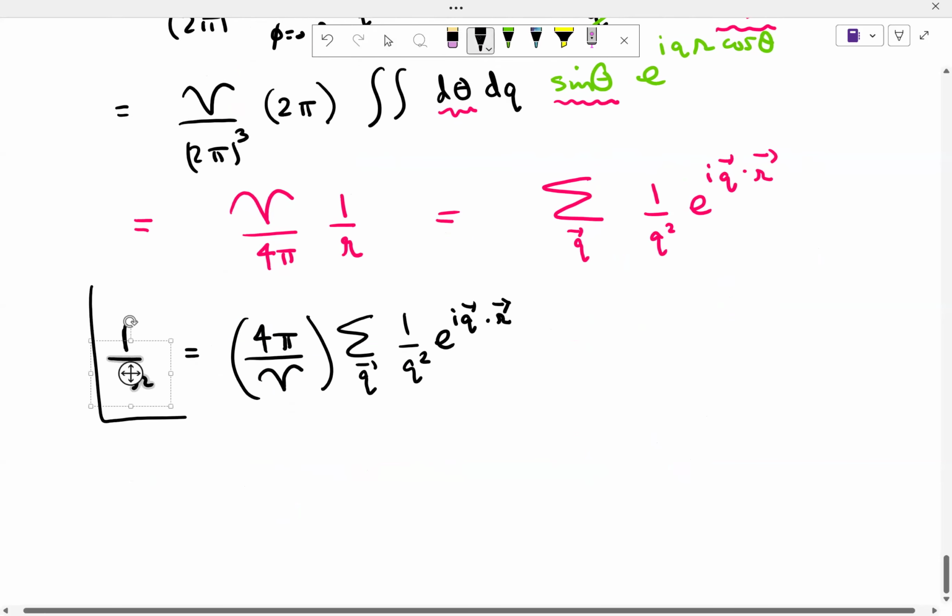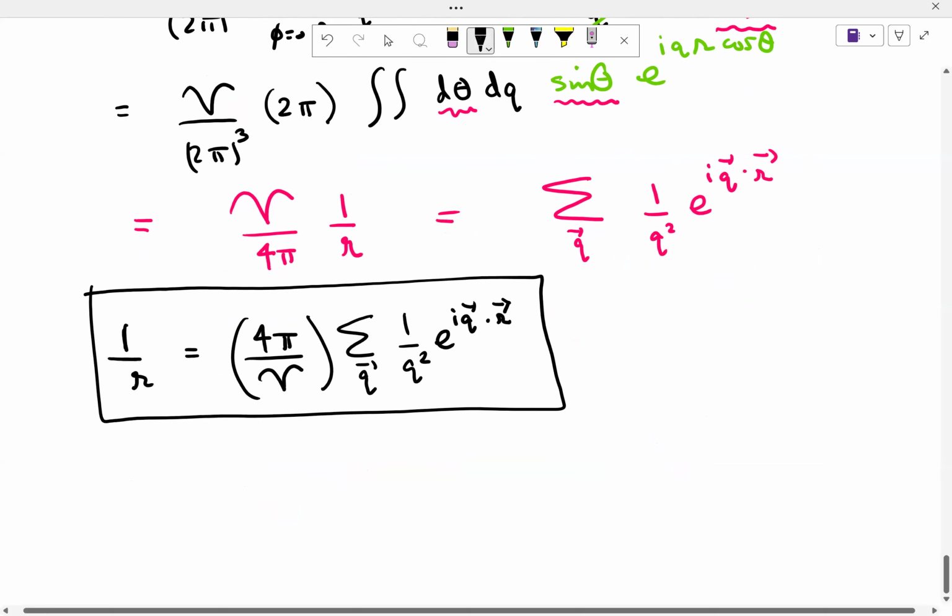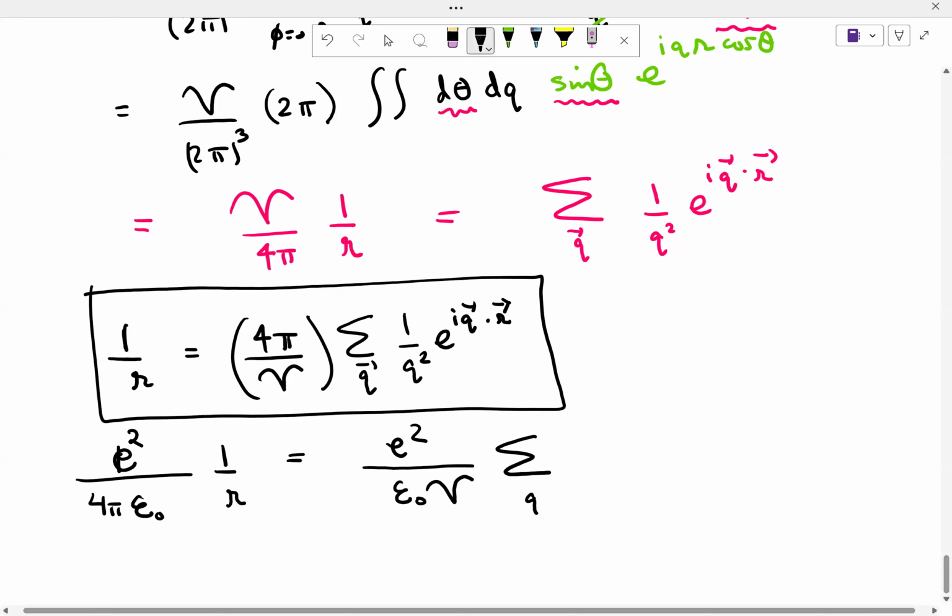But by the way, let's put e squared over 4 pi epsilon naught times 1 over r as well. So this gives me the full potential. This becomes e squared over epsilon naught volume, sum over q, of 1 over q squared e to the i q dotted with r.